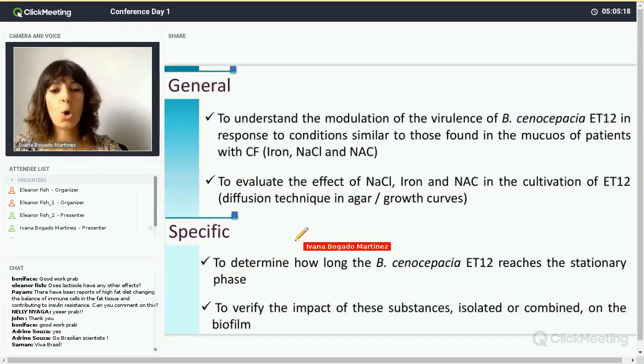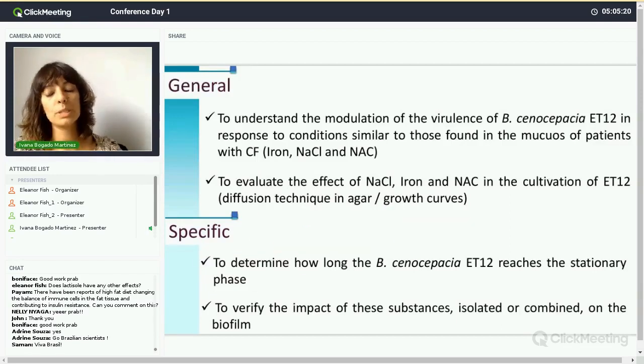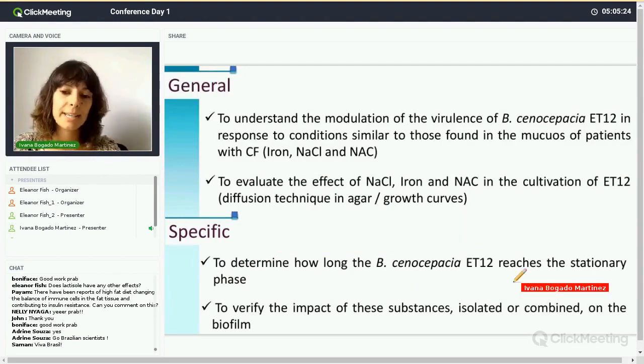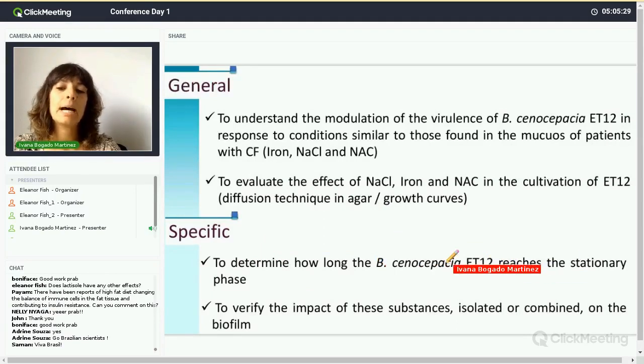After, we are going to see a special moment in the growth of this bacteria, that is the stationary phase, where we can see the major expression of virulence.